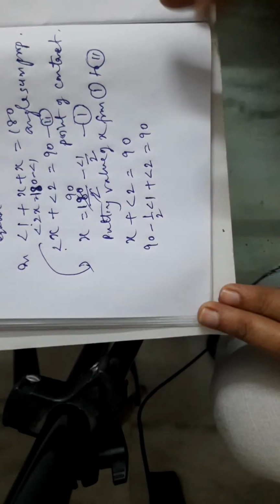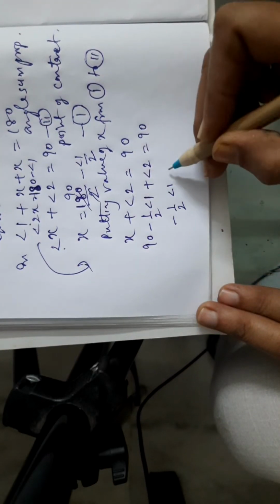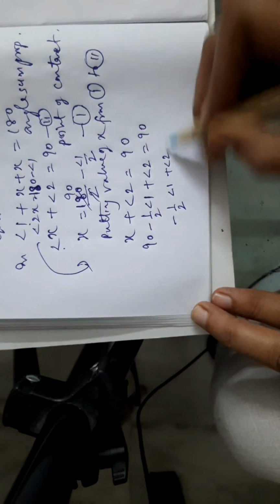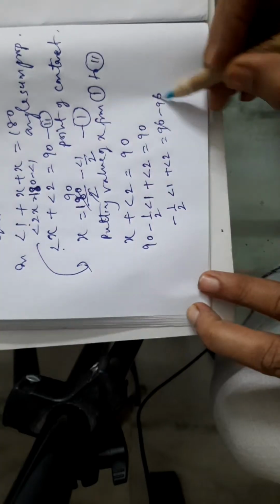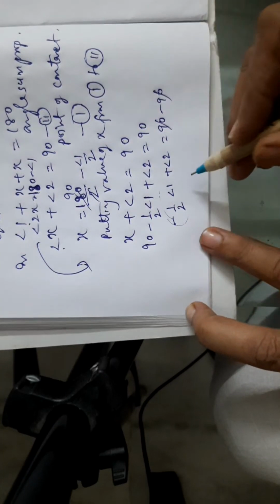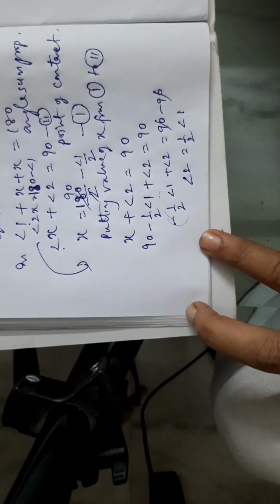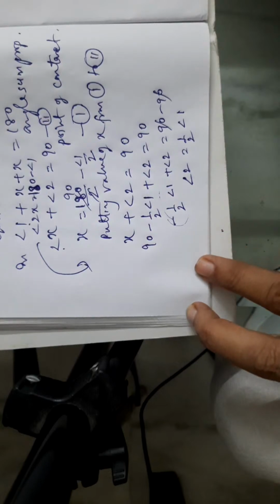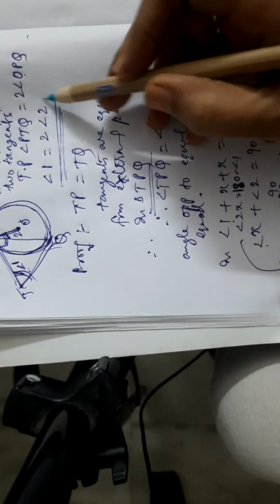Now shifting 90 to that side: minus half of angle 1 plus angle 2 is equal to 90 minus 90. So 90 got cancelled. Now shifting the rest, angle 2 is half of angle 1. We need to prove angle 1 is twice angle 2.